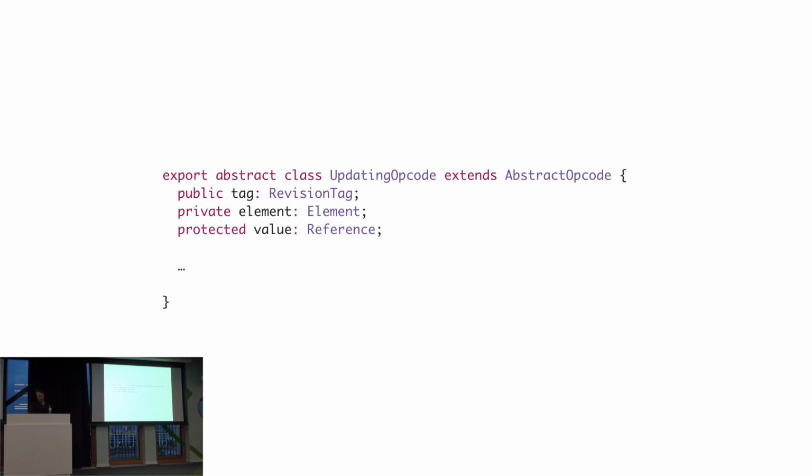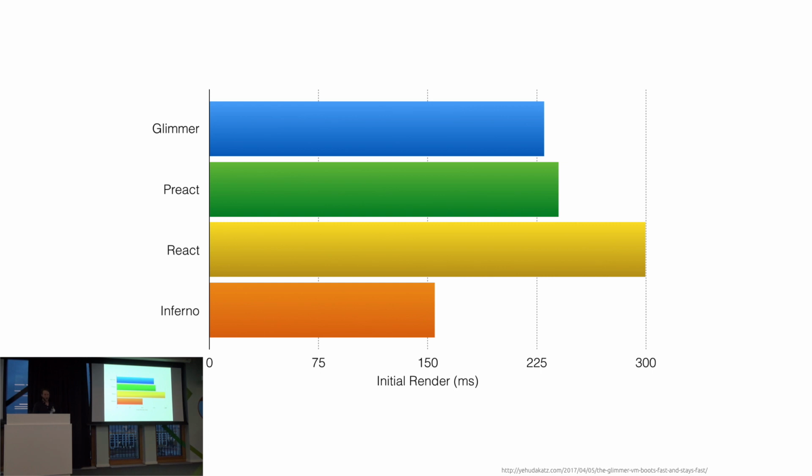So all these things that I talked about lead to pretty good rendering performance. On initial render, these are some benchmarks from Yehuda's blog post. They resemble real-world applications where a relevant part of the templates is actually static content, so they represent real-world application scenarios where you always have a lot of HTML that never changes, obviously. So initial render is pretty nice, not amazingly fast, but still pretty good.